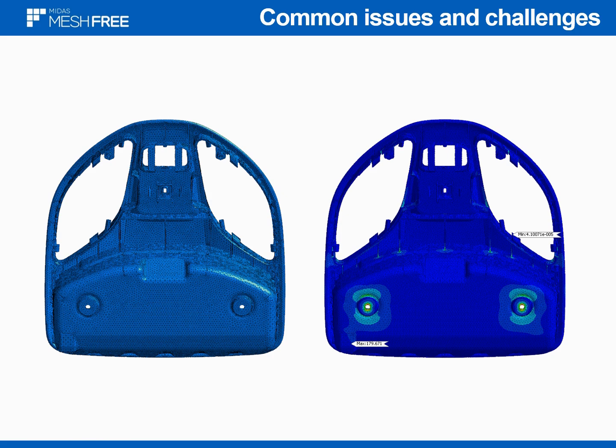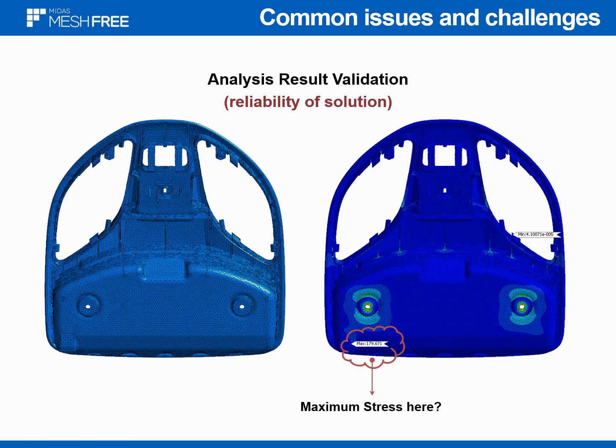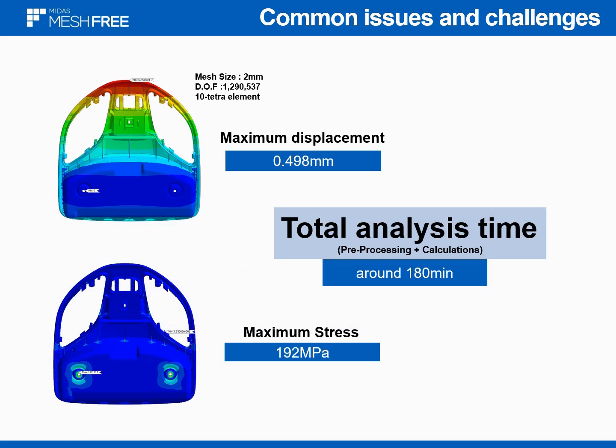Even if we manage to create a mesh, there is still a risk that the values obtained don't appear where we expect. You can see we are expecting stress at the place where we assign the boundary condition, but the maximum appears in a different location. So cleaning the geometry, remeshing and analysis, this whole process can take some time.